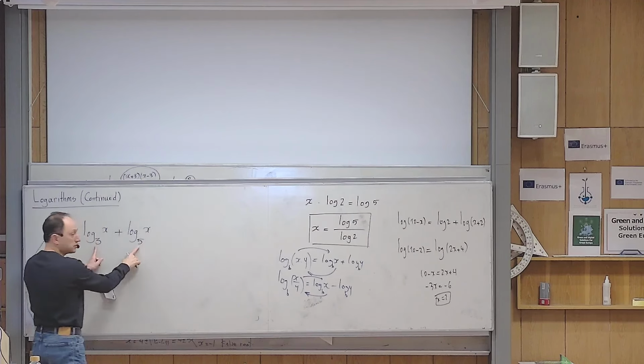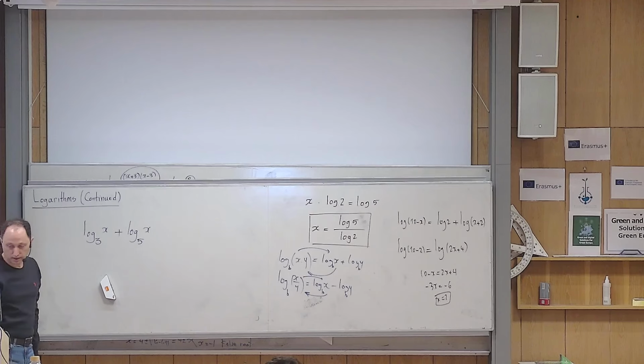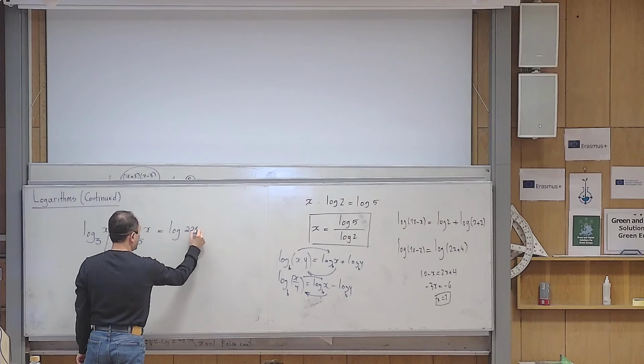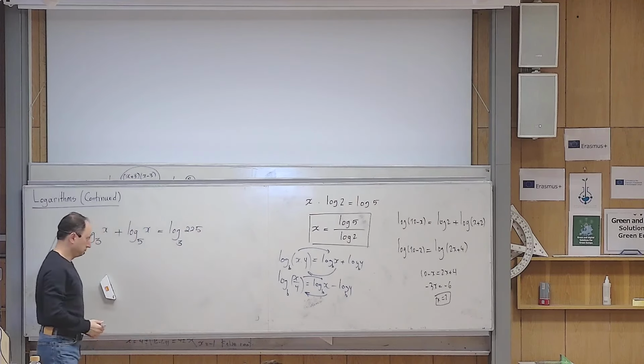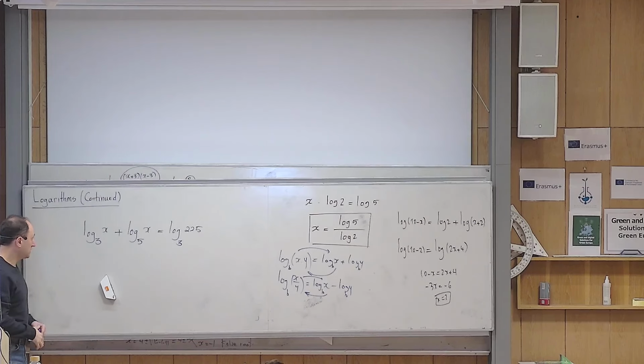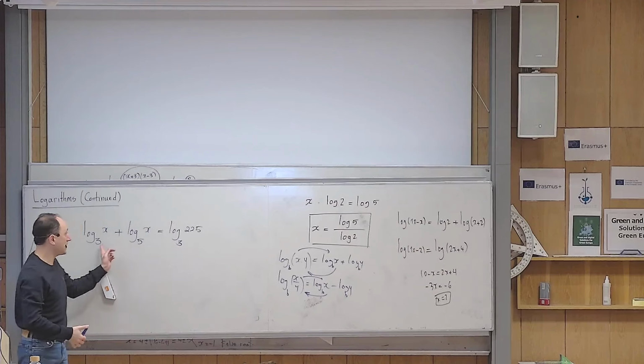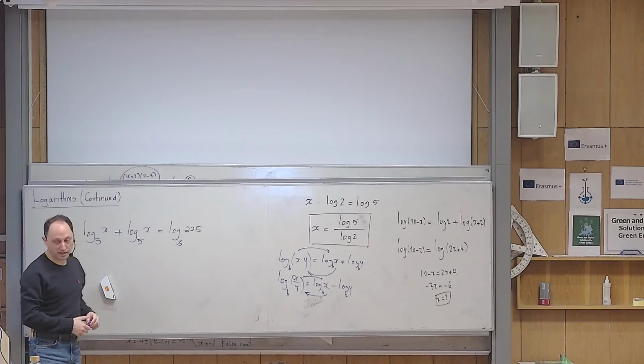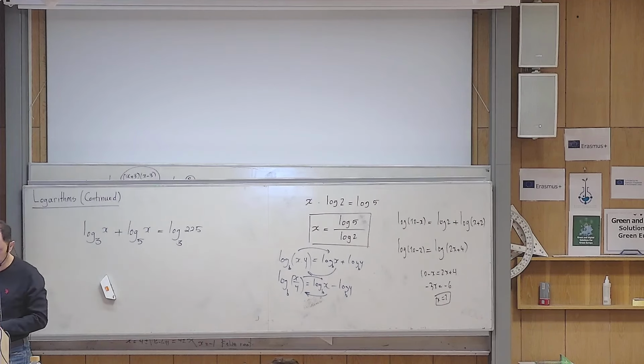You see, this is the first time that the bases are not the same, is equal to the logarithm of 225 to the base 3. If you need some calculations with your calculator, you can do that. But of course, this is not something that you get exact. When I ask you to solve an equation, I always mean find the exact value unless I mention it explicitly not to do so. Robert, yes, please.